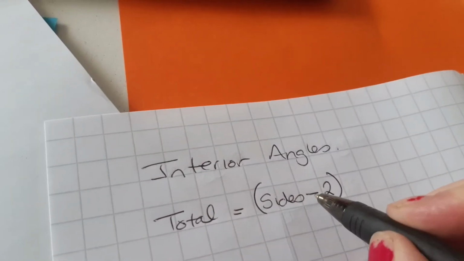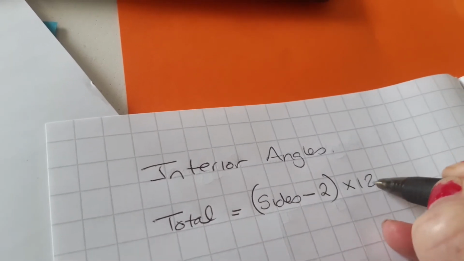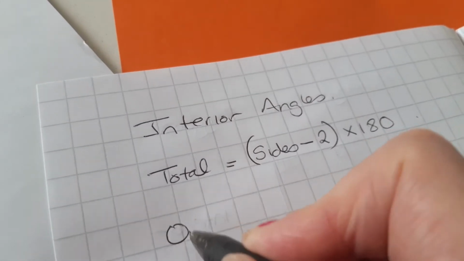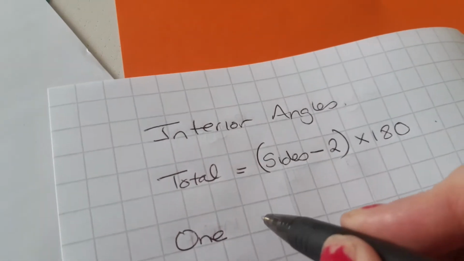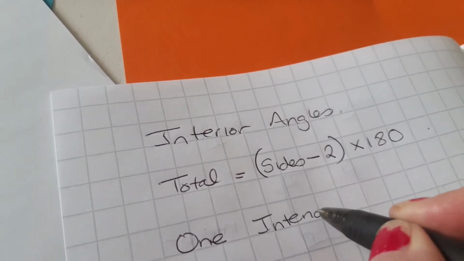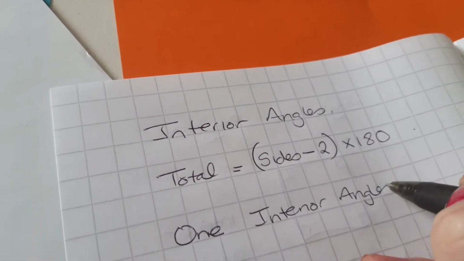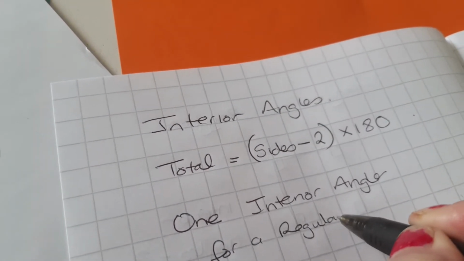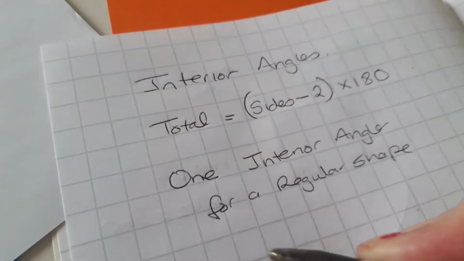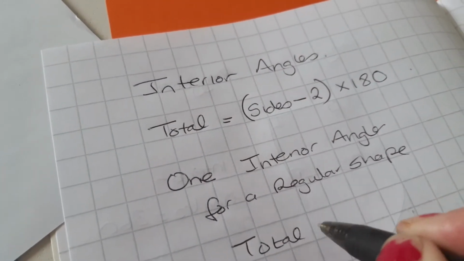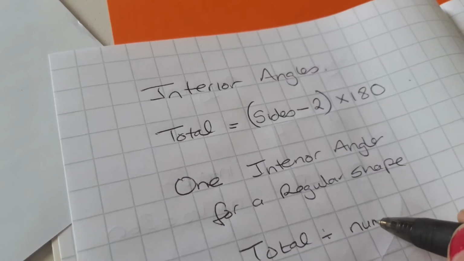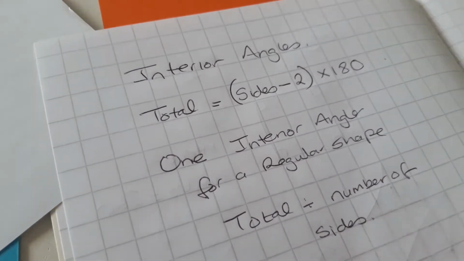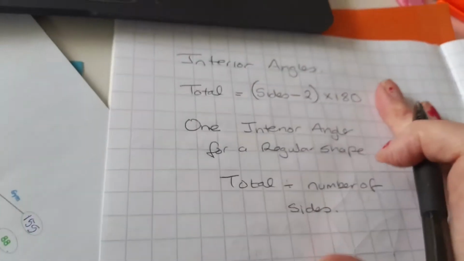That tells you how many triangles you get, and you multiply that by 180, okay? To get one interior angle for a regular shape, you take the total and divide by the number of sides. Okay, so that's one thing that you need to know.